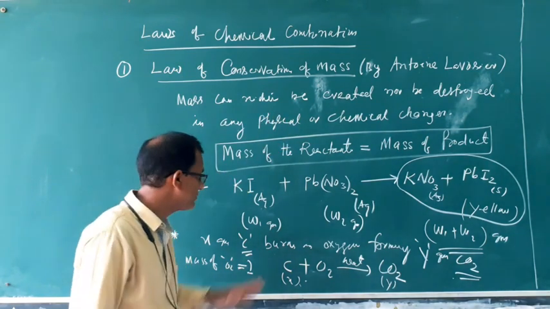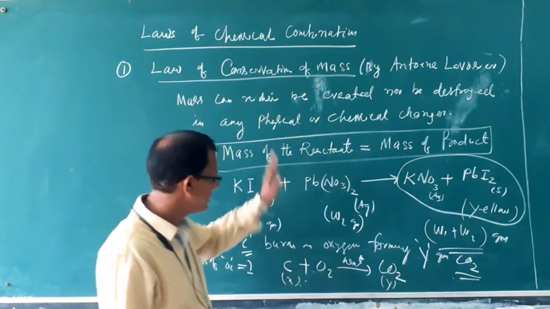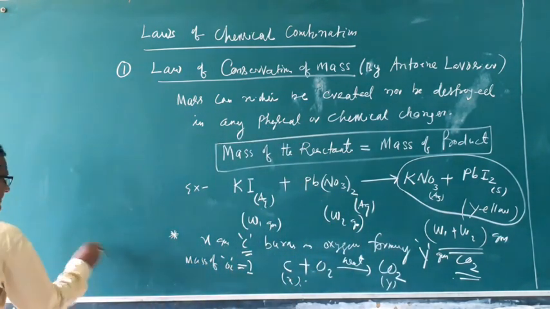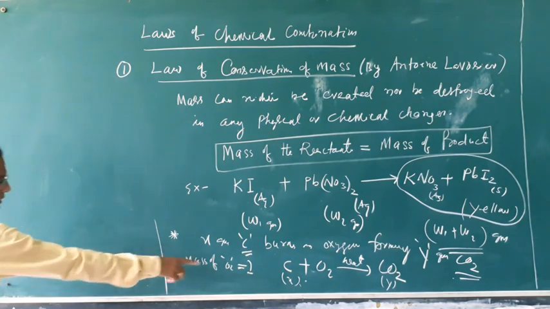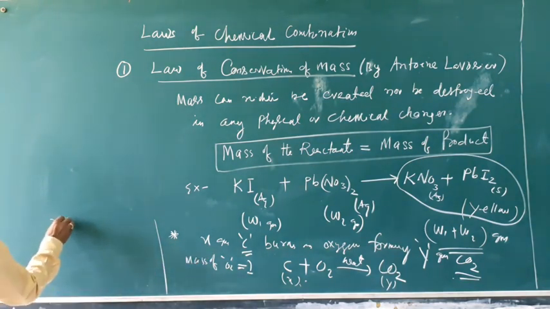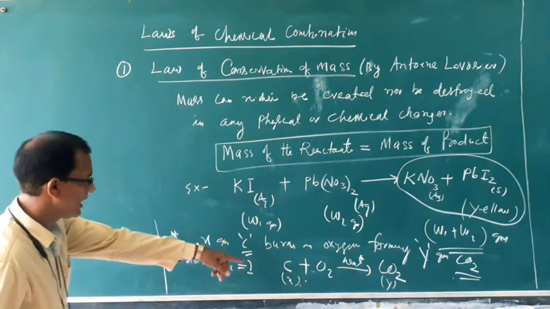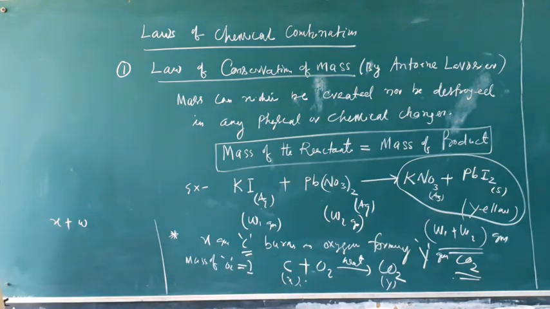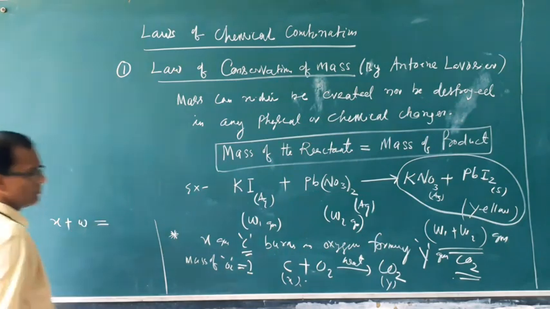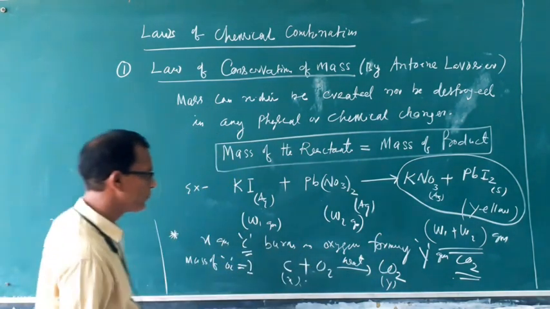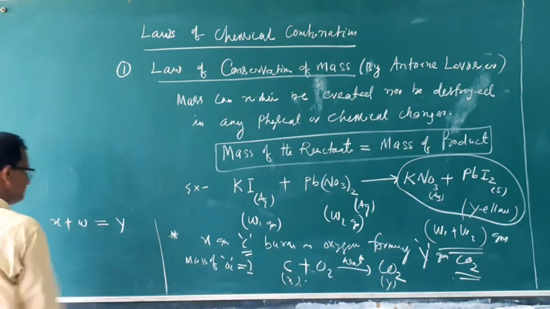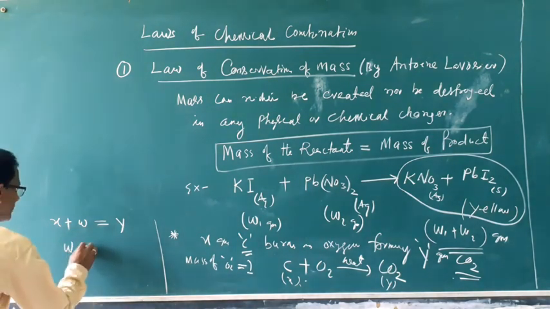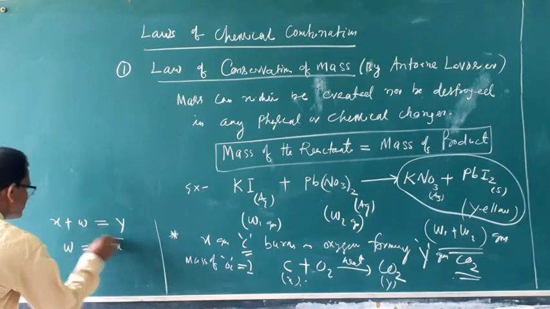What is the law? The mass of reactants is equal to the mass of products. Here the mass of reactant carbon is X. Let the mass of oxygen be W, equal to the mass of product. Here the mass of product carbon dioxide is Y. Then what is the mass W? W is equal to Y minus X.